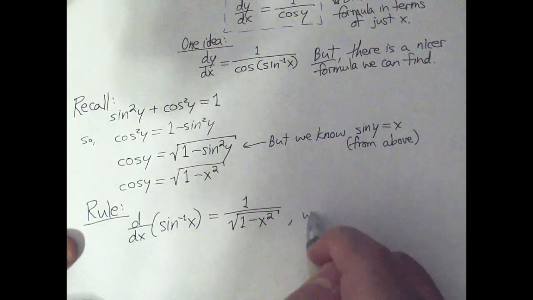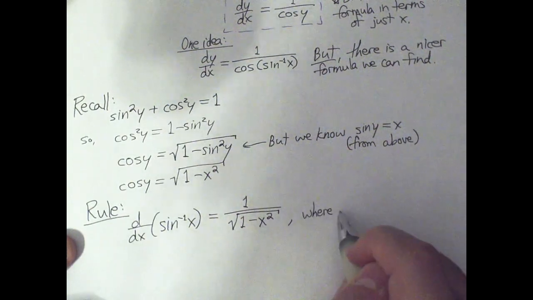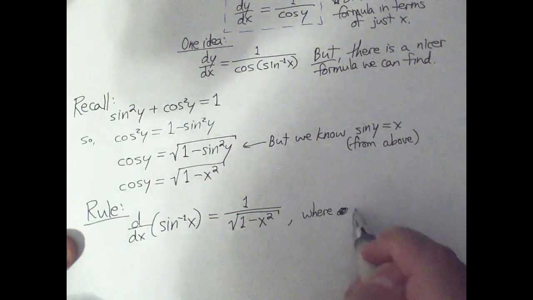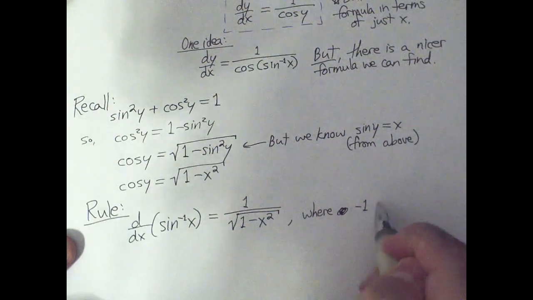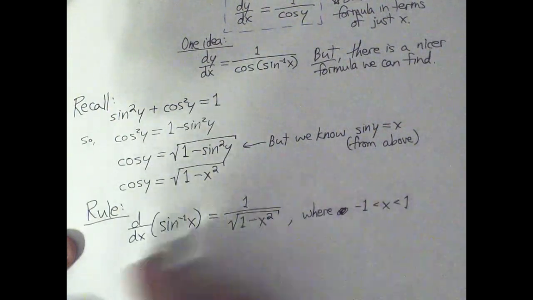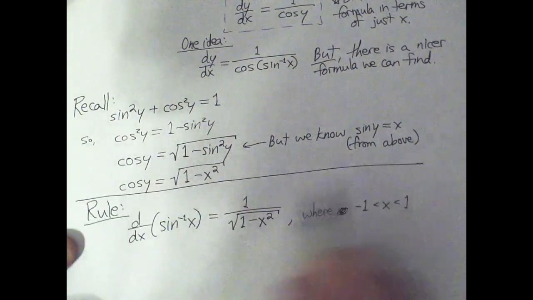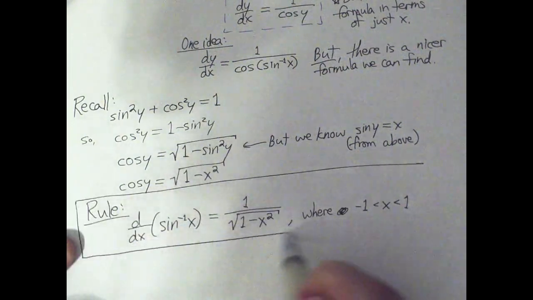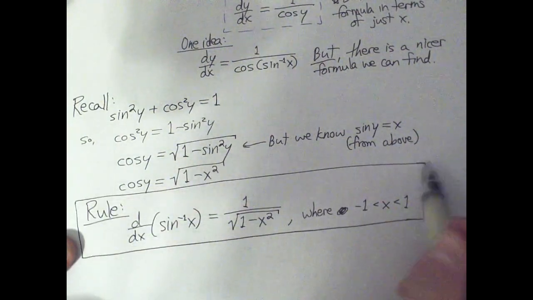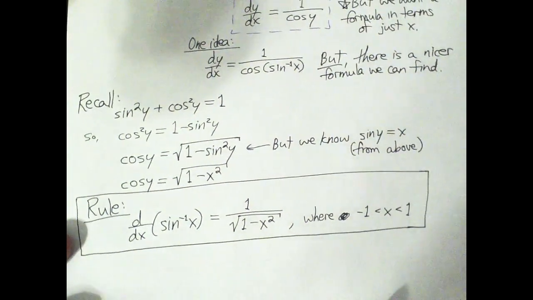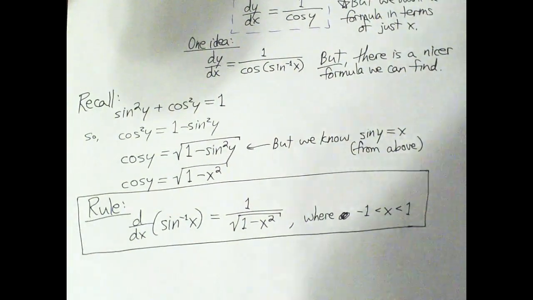And I'm going to say off to the side where negative 1 is less than x is less than 1. So this is not something that we use for all real numbers x.